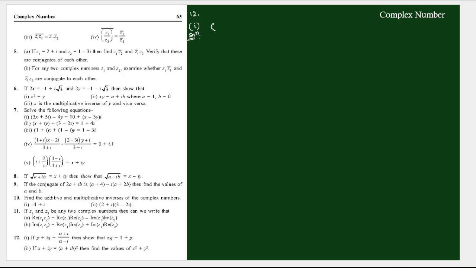So given p plus iq equals alpha plus i over alpha minus i. तो इस तरफ solve करो. Take conjugate. Then this will be alpha plus i, alpha plus i. Alpha square minus i square, alpha plus i whole square.